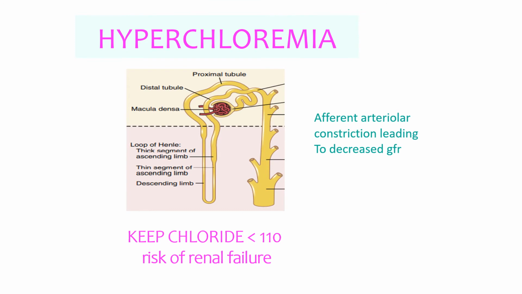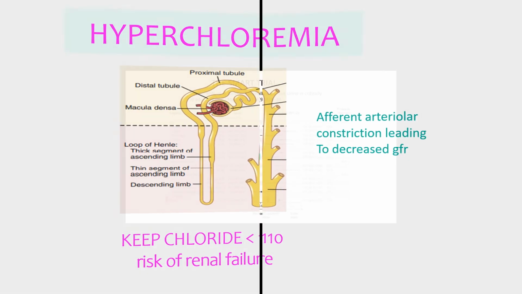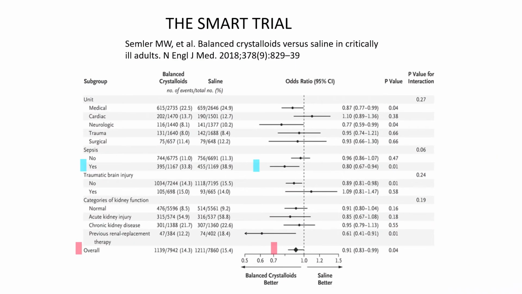The mechanism for hyperchloremia-induced renal failure is that when the chloride goes beyond 110, it actually causes AKI, because it gets filtered in a large amount across the glomeruli and reaches the macula densa, and signals from the macula densa cause afferent arteriolar constriction, leading to decreased GFR. And this was shown very clearly in the SMART trial.